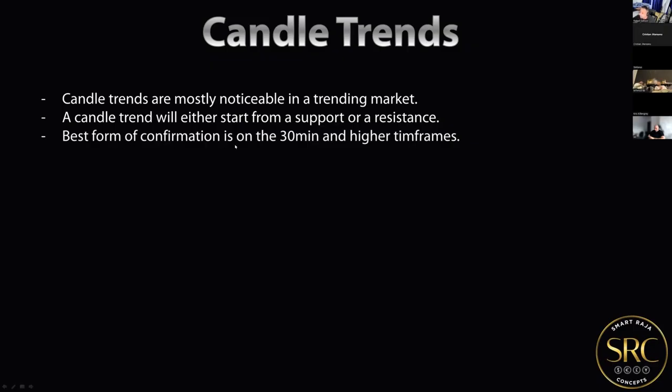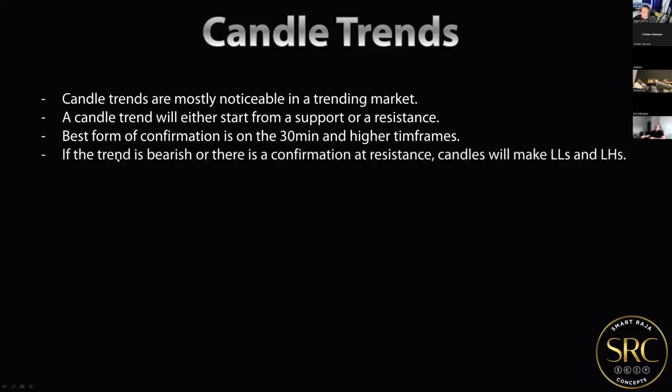The best form of confirmation is on the 30-minute and higher time frame. So we're going to talk about confirmations. They're mostly on the high time frames, but mostly the confirmations are always going to be on the 30-minute time frame. If a trend is bearish or there is a confirmation at resistance, candles will make lower lows and lower highs, right?